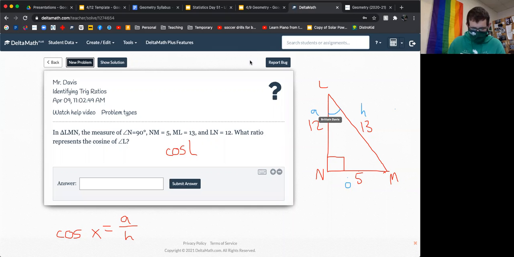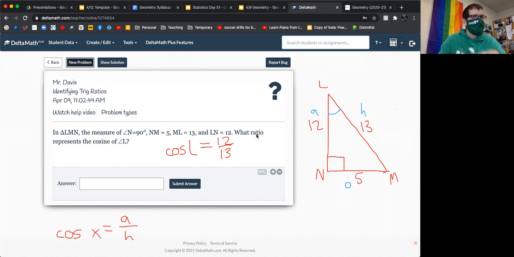Now let's set up the ratio. What's the ratio going to be? 12 over 13. That's adjacent over hypotenuse. Perfect. This is asking for a ratio, so keep it this way. Don't plug it in your calculator to get a decimal. It's good to work with it both ways.